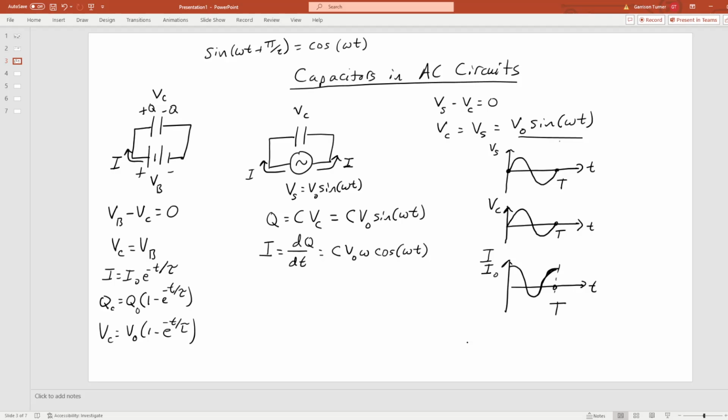But notice that I can write my current like this, and ignoring the phase factor for the moment, this harkens back to Ohm's law.